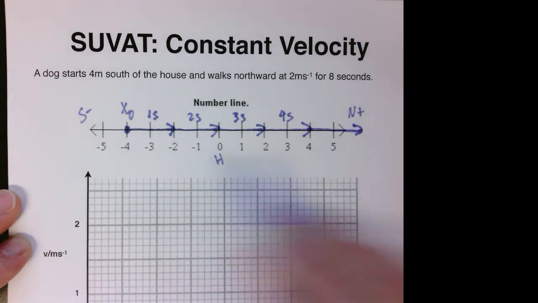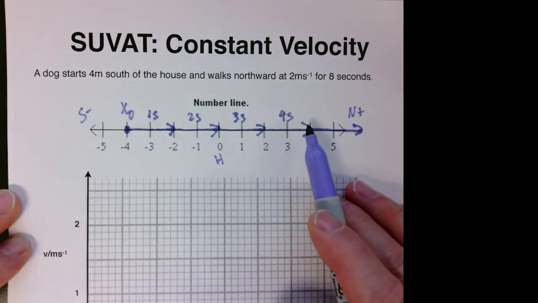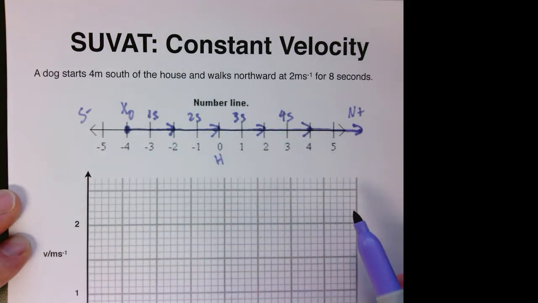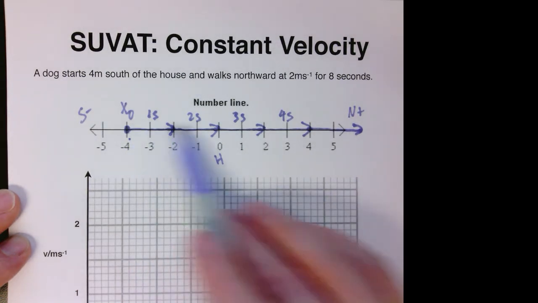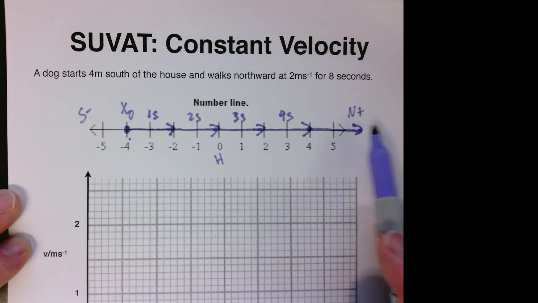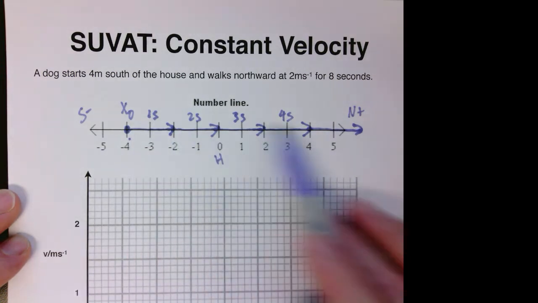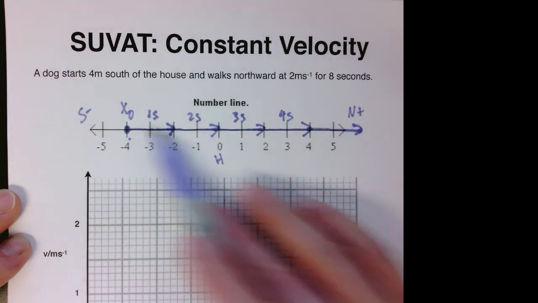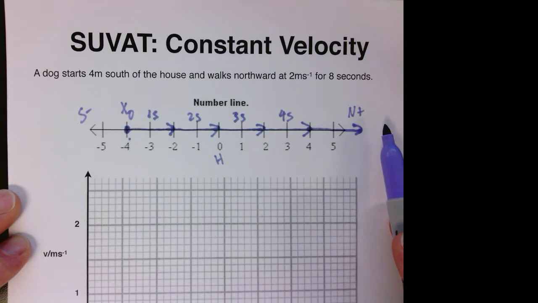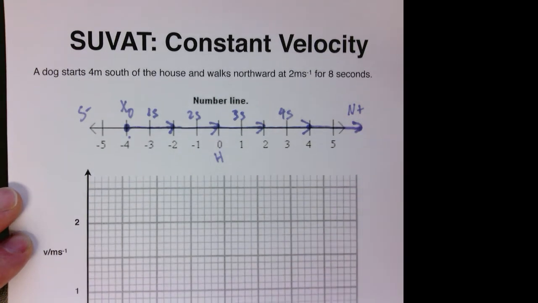So here is a motion diagram so we can understand the actual motion itself. We can see we have an initial position that's negative, a velocity that's positive because it's moving in the positive direction. We see that the displacement is increasing at a steady rate. We see the distance is increasing and the position is also increasing at a constant rate.